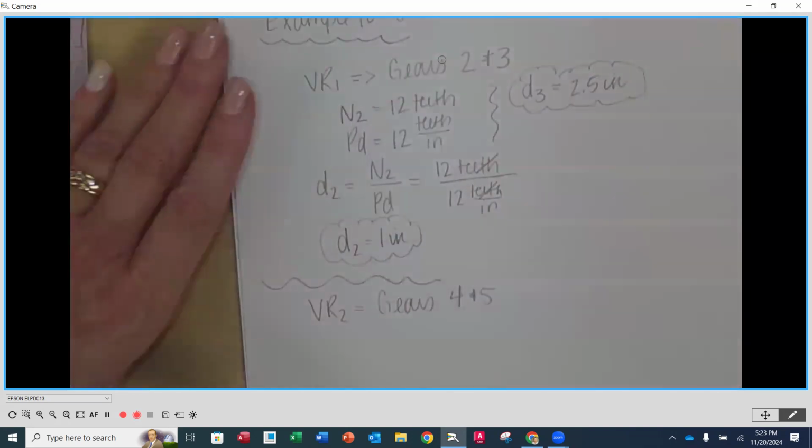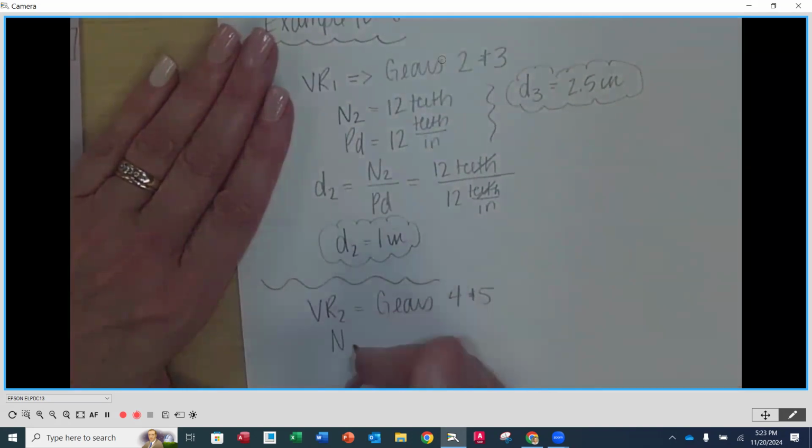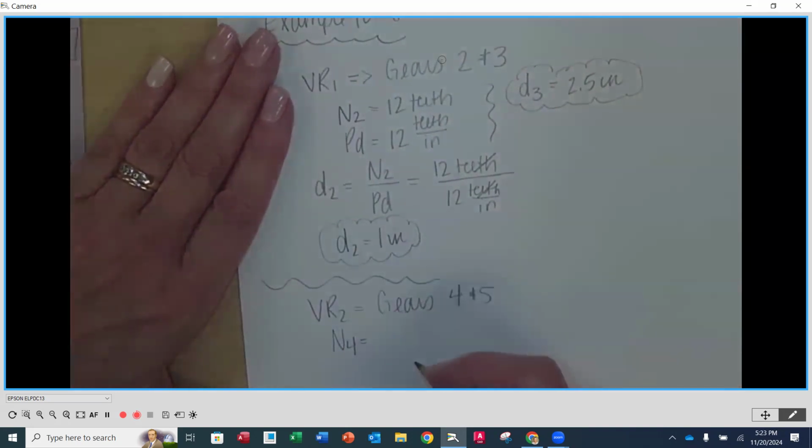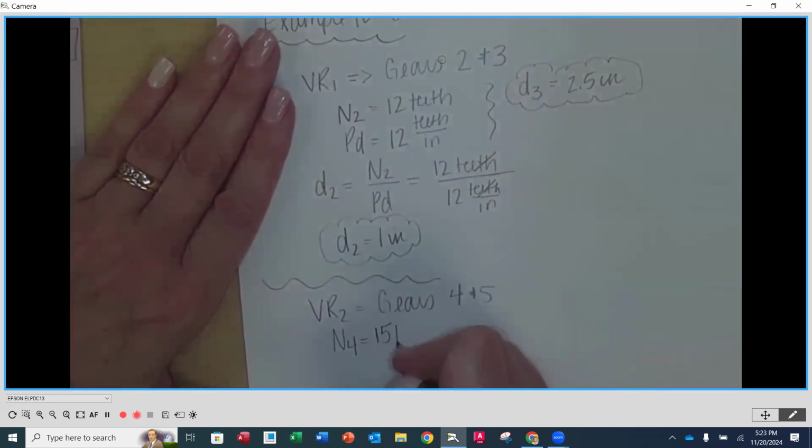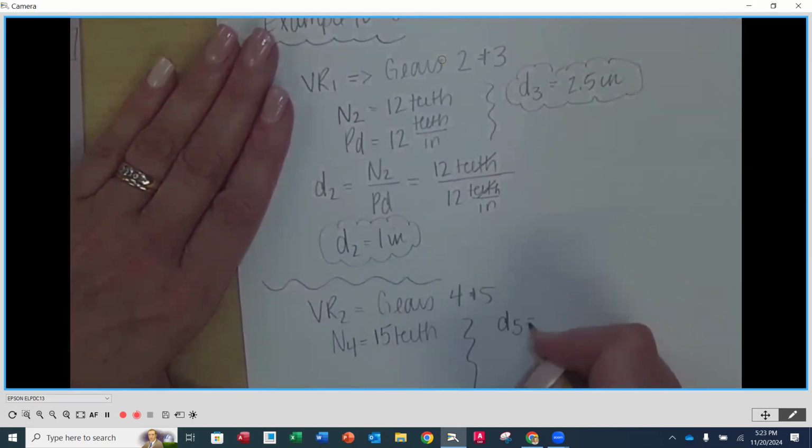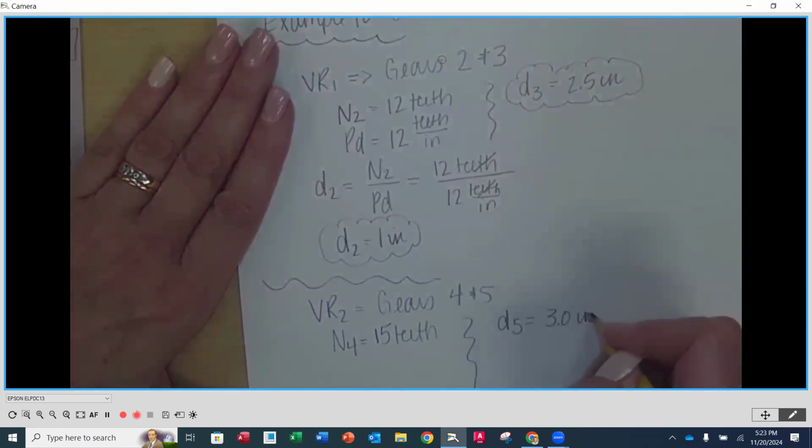Gear 5 has a pitch diameter of 3 inches and has a diametral pitch of 10. So I'm going to write those down. So I know that N4 has 15 teeth. Okay. And D5 is 3 inches. And the diametral pitch of gear number 5 is 10. And that would be teeth per inch. Okay.